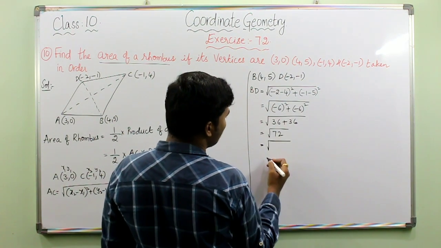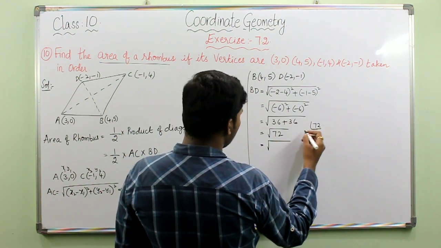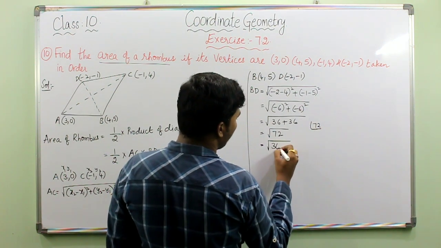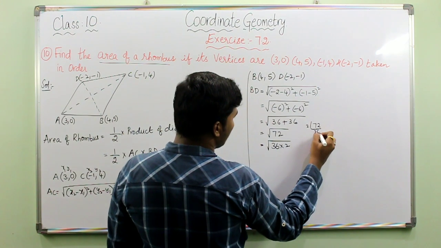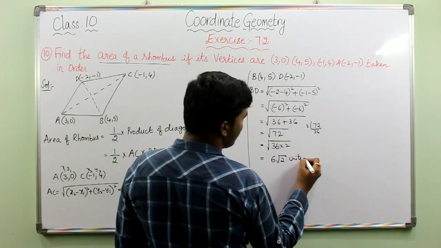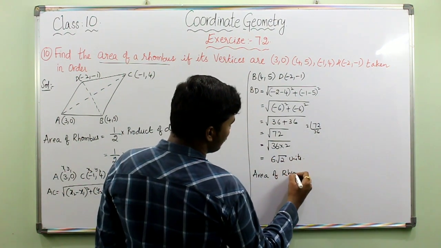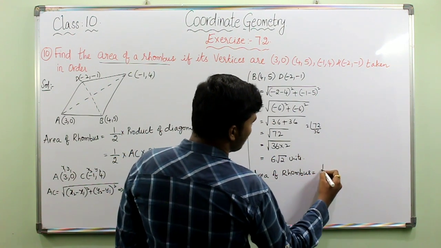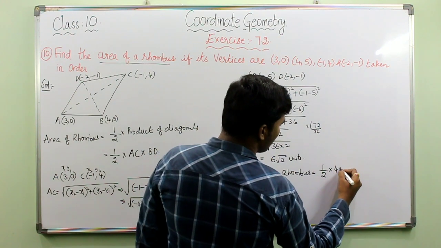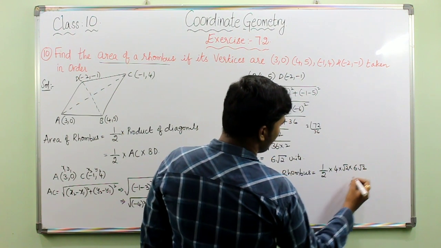72 can be written as 36 into 2, so I will get 6 root 2 units. Now let us substitute them back here. Area of rhombus is equal to half into AC, which we got as 4 root 2 units, and BD, which we got as 6 root 2 units.